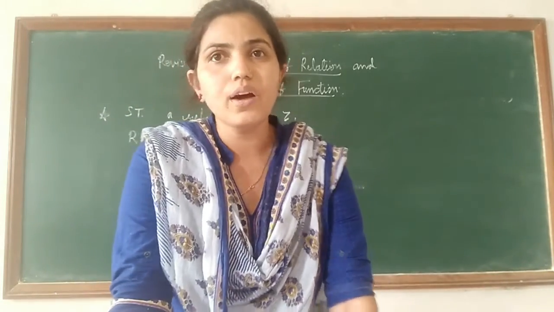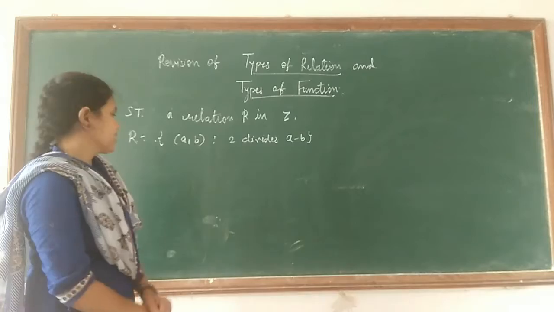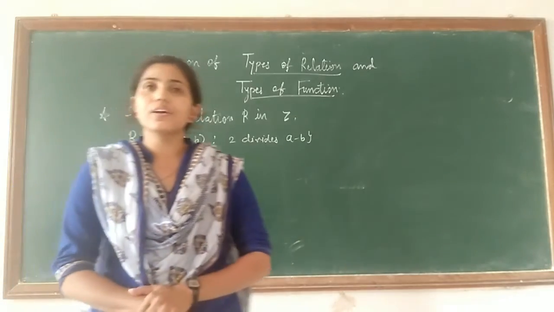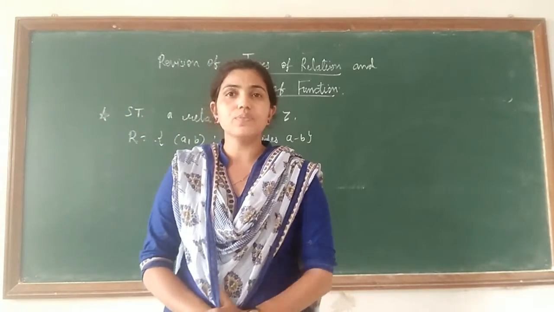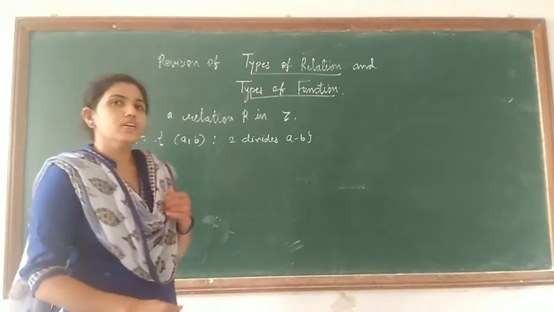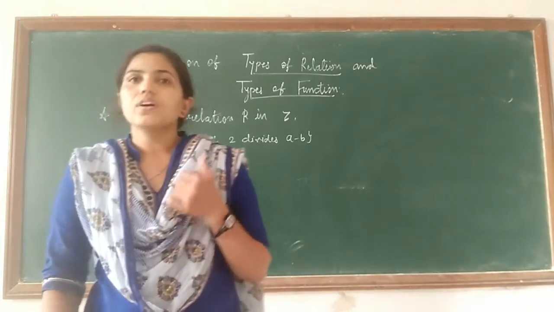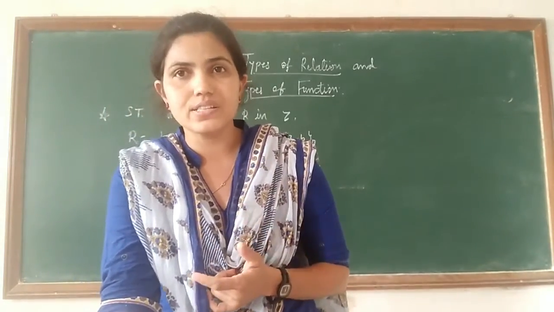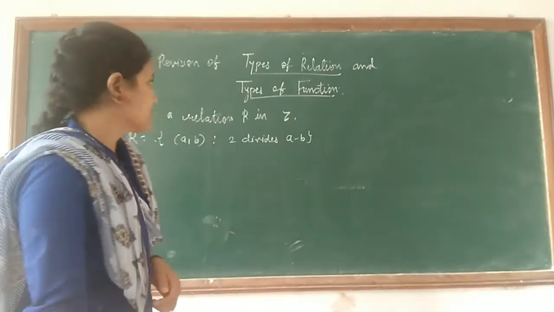So now we are proving that this is an equivalence relation, as we have learned earlier. If the relation is symmetric, reflexive and transitive, then it is known as an equivalence relation.